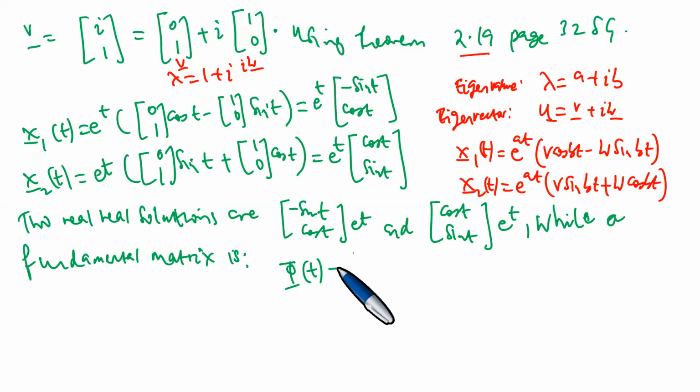What is the fundamental matrix? Look at how we construct the fundamental matrix like we saw in the proof of the previous theorem. It is minus sine t, cosine t, cosine t, sine t, e to the t.